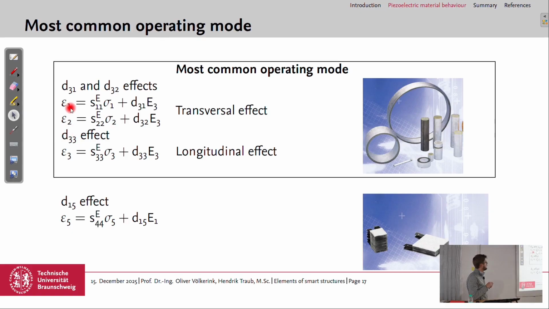And we could also use it in the 2 direction, so in the other in-plane direction. Then we have to use S22 and sigma 2 and D32, but they are similar. D31 and D32 have similar behavior, and we still use the field in the thickness or 3 direction.